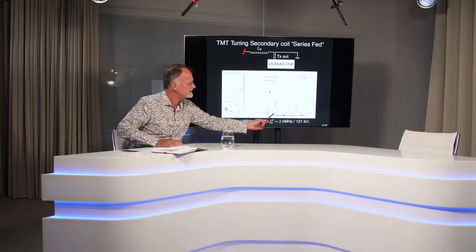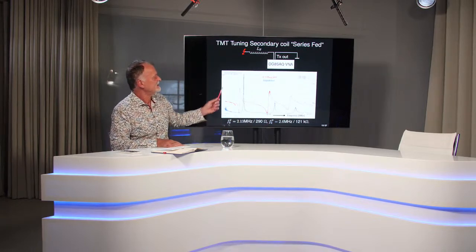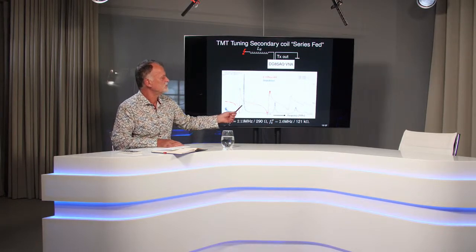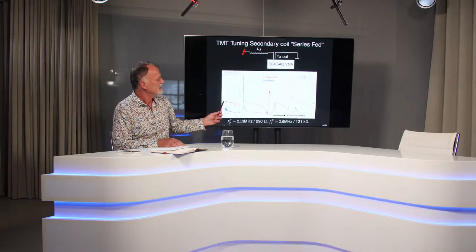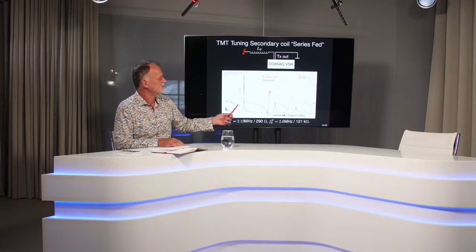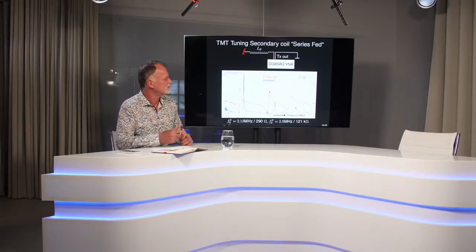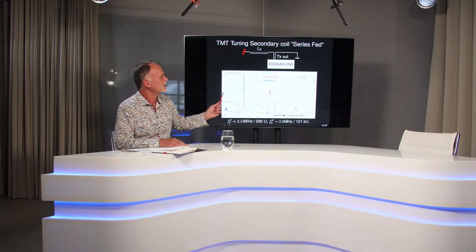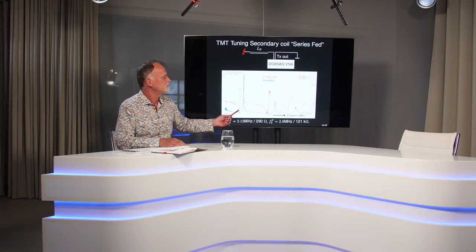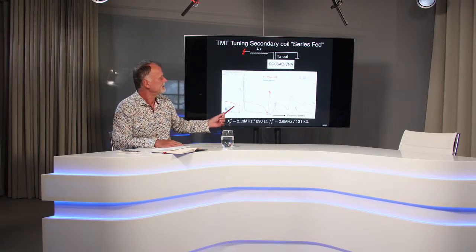On the x-axis is the frequency in megahertz, and on the y-axis, in blue is the absolute value of the impedance of that coil, and in red is the phase difference between the voltage and current. If you are in the resonant mode, then what happens is a phase transition, a full swing between plus and minus 90 degrees, right?